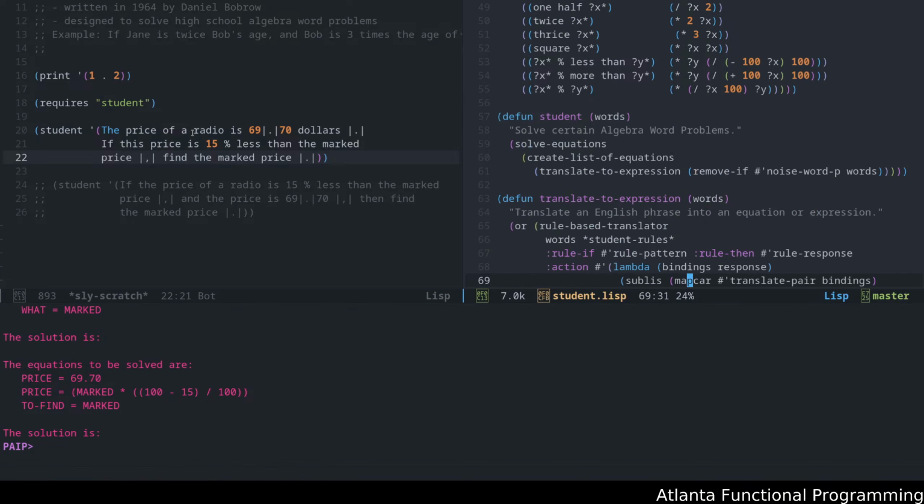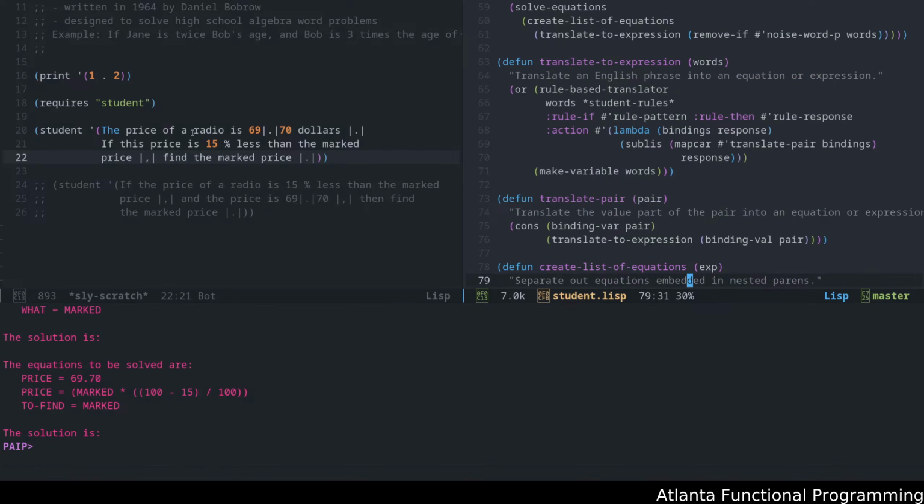Let's see. So we already have the list of equations.